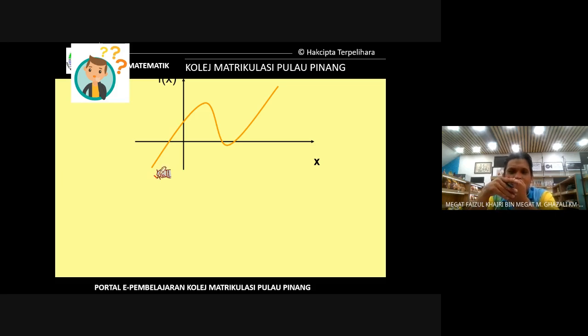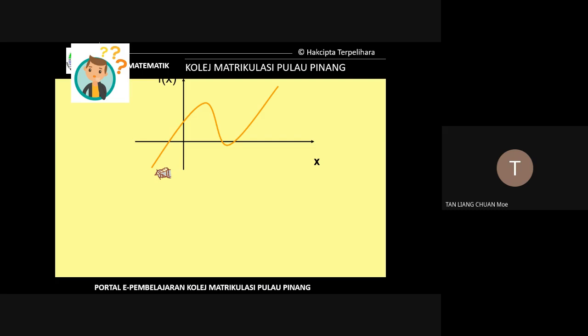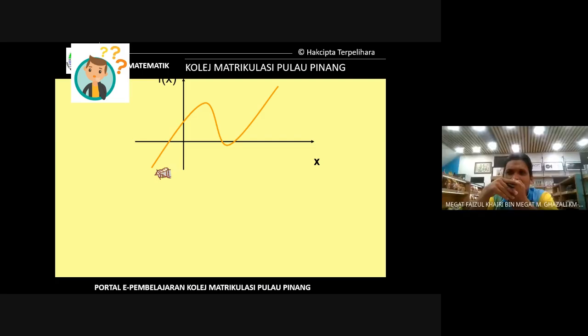Class, have you seen the phrase "to be continued" before? Yes, sir. Okay, bermakna dia akan bersambung. Look at the term bersambung. It means continuity, or keselanjaran, meaning that you can sketch this graph smoothly without lifting up the pen at any point.